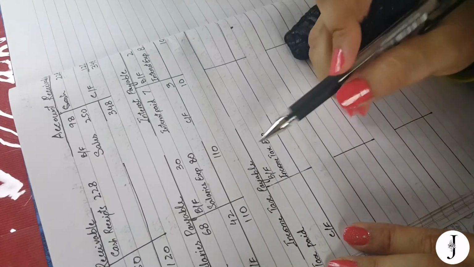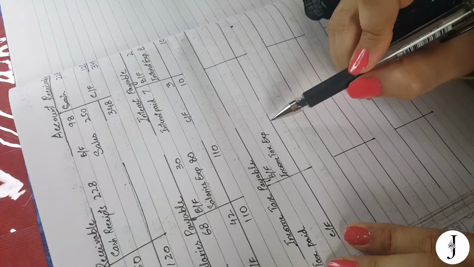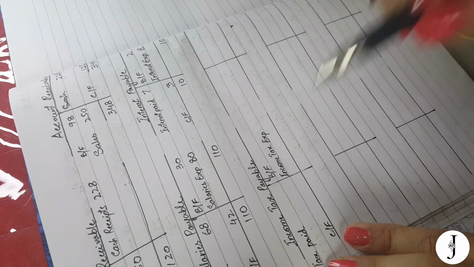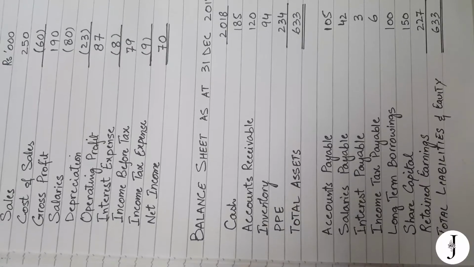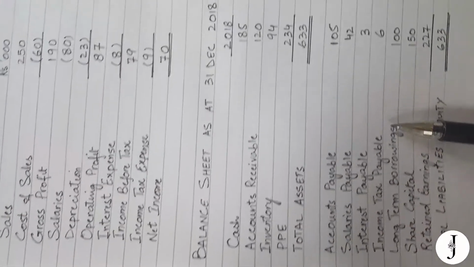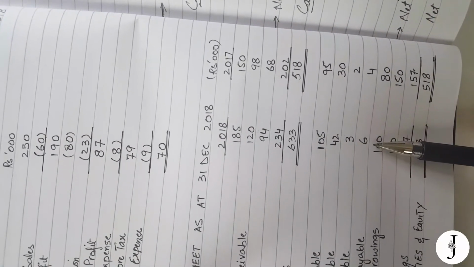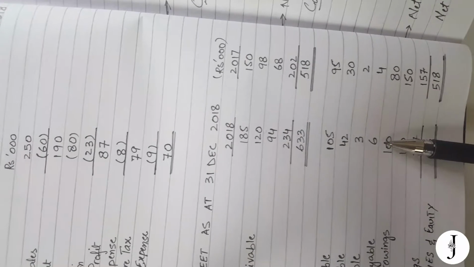Opening and closing figure will come from balance sheet, whereas income tax expense will come from income statement. So let's take the figures. So income tax payable, here is the opening balance and this is the closing balance.